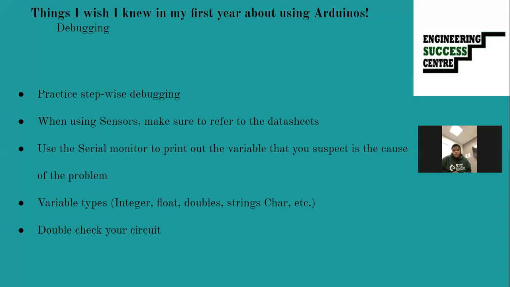The next one would be to use the serial monitor to print out the variable that you suspect is the cause of the problem. This one's quite important because further down the line, you'll probably be working on something that has to do with a bunch of math. So if the first equation you write is going to give an answer which is stored as a variable, and you're not sure what the problem is, you can check that variable by printing it to the serial monitor.